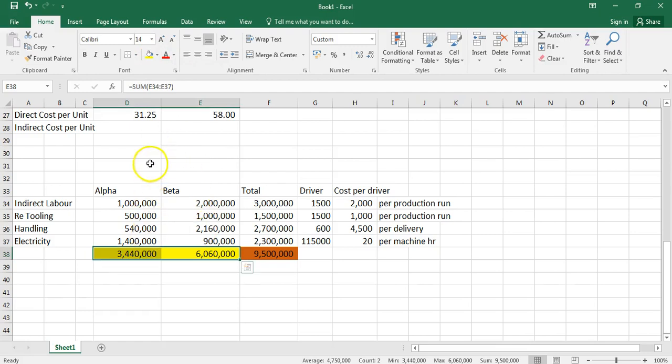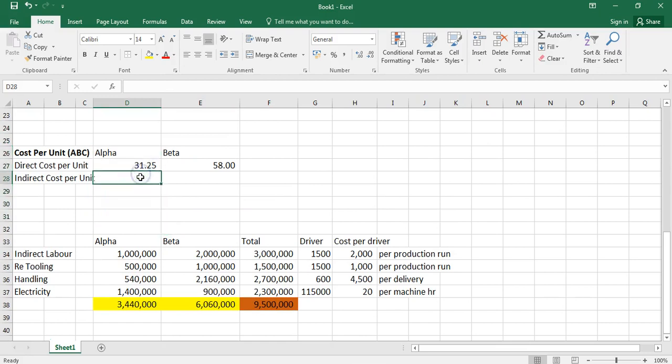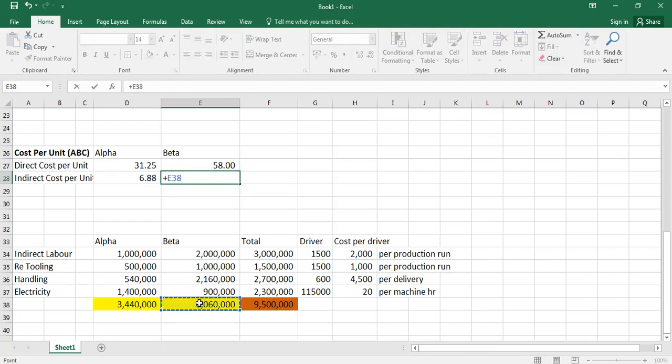But of course that doesn't give us the answer, because we want it on a per unit basis. So 3.4 million overheads to alpha divided by the number of units is about €6.88. Whereas for beta it's 6 million overheads across 50,000 units, which is about €121 of overheads.